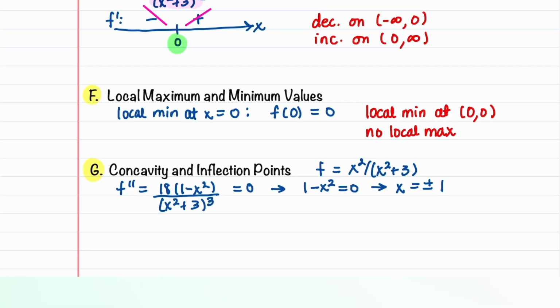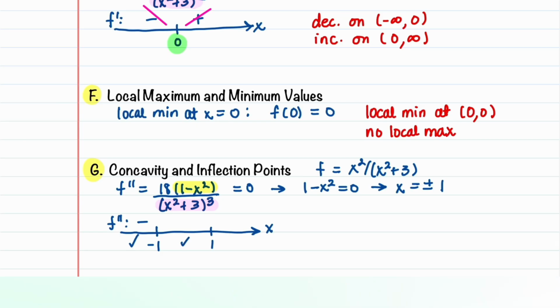Let's now go ahead and draw our number line. And now we're going to put 2 points on it, -1 and 1. And we are looking at the value of f double prime. Because our denominator is always positive, to find the value of f double prime, we really just have to look at this term right here and see if it's positive or negative. If we let x be in this region, say x is -2, then f double prime is going to be negative.